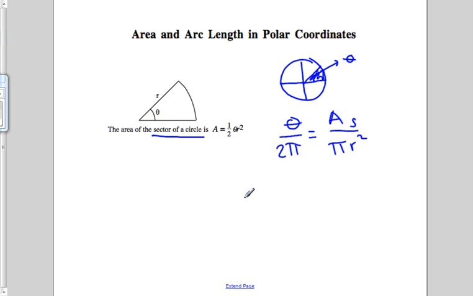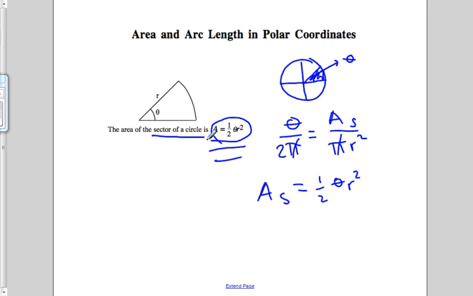When we solve that for the area of the sector, the pi's are going to go away, and we're going to get 1/2 theta r squared. That'll tell us the area of a sector.